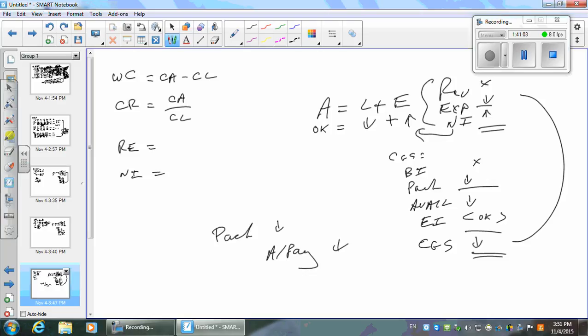So we got those. A lot of times I'll just ask what happened to all these accounts over here. And I did that in principles, remember that if you had me for principles? Drove me crazy with these things. Okay. So what happens with working capital? Current assets are okay. Current liabilities?